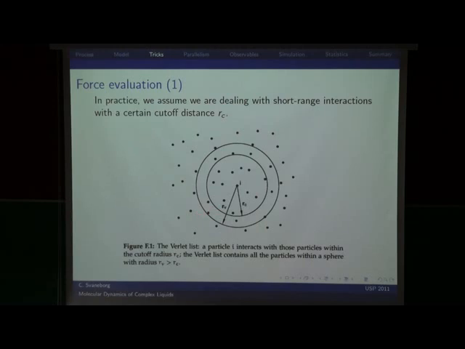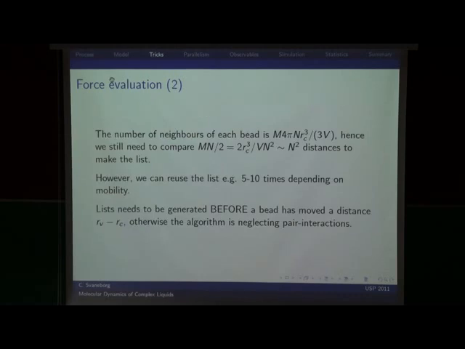So we need to update the Verlet list faster than the motion from outside to inside. This also gives us a rule for updating. We have to update either with a certain frequency or at least so often that no particle has moved inside the interaction cutoff. Otherwise, the algorithm would be missing pair interactions, and we would be producing the wrong physics.